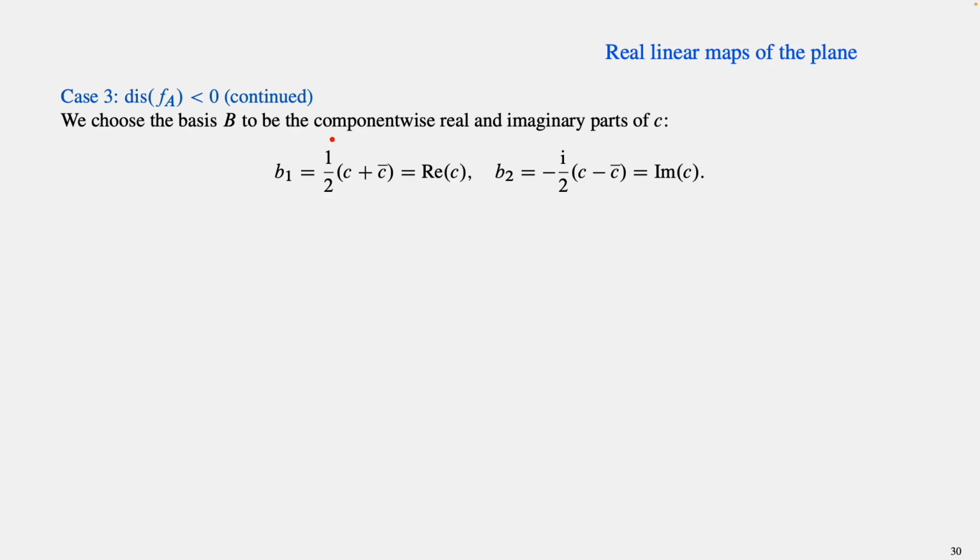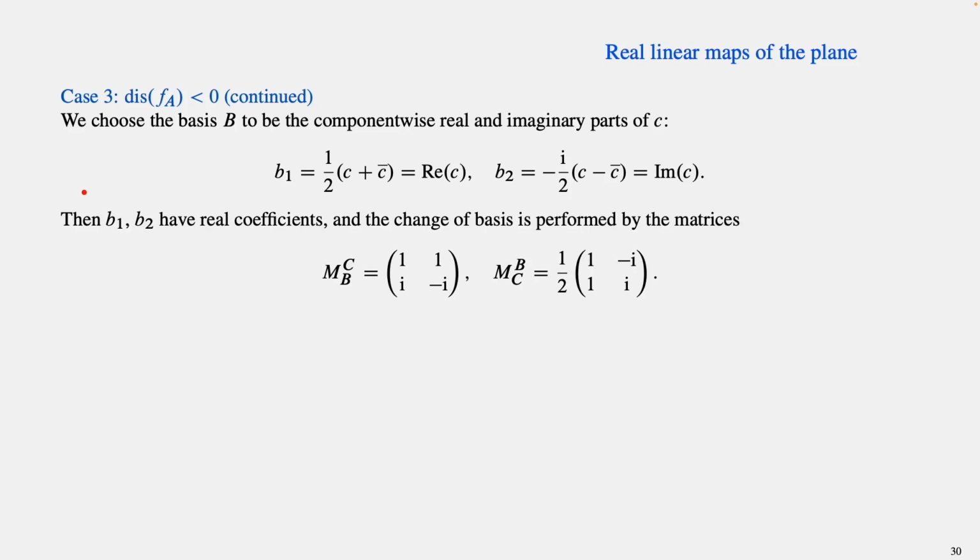We just take component-wise the real and imaginary parts of the first complex eigenvector C. So that means B1, first real basis vector, is 1/2 times C plus C bar. So just component-wise the real part of C, which automatically shows us that it is a vector with real coefficients. And B2 is minus I/2 times C minus C bar, which is just component-wise the imaginary part of C, and therefore also automatically a vector with real coefficients.